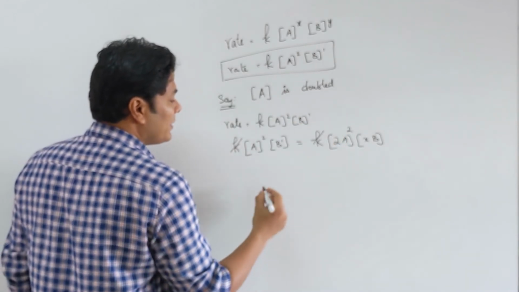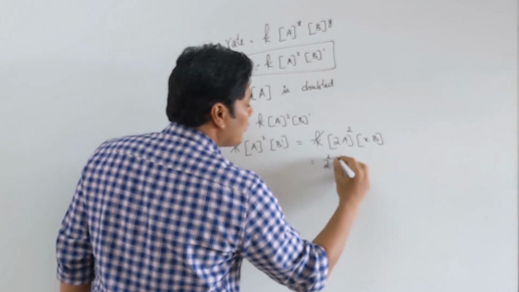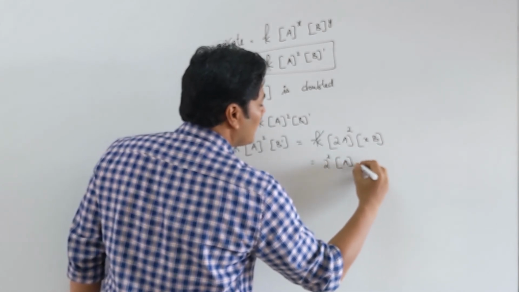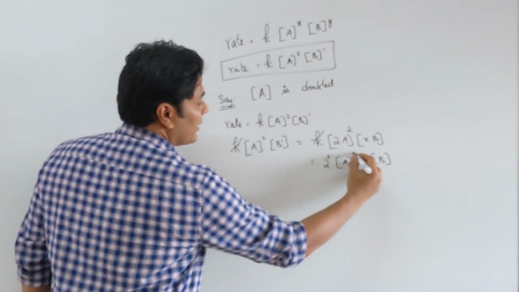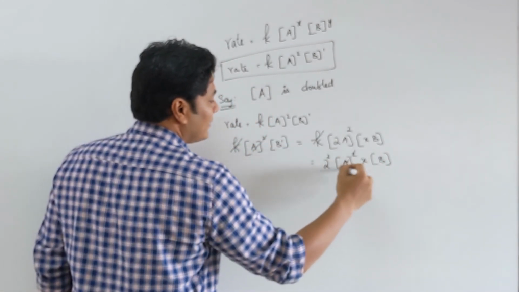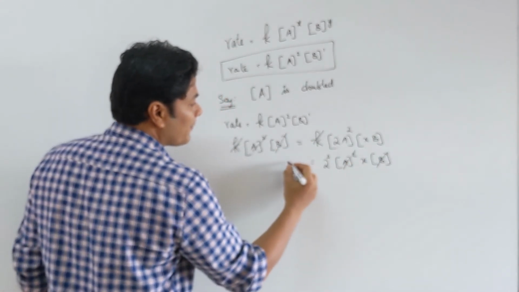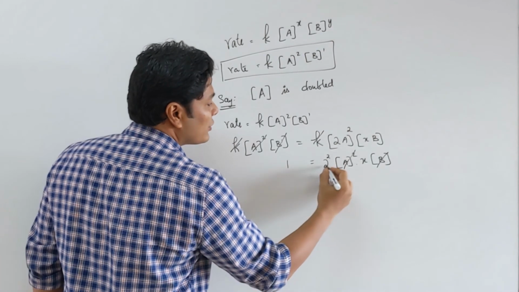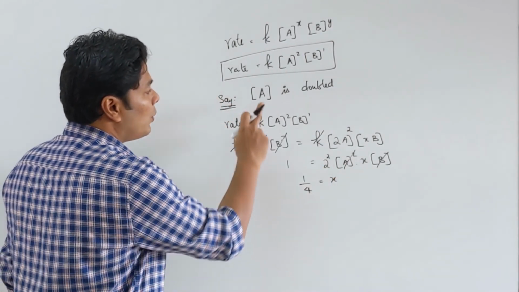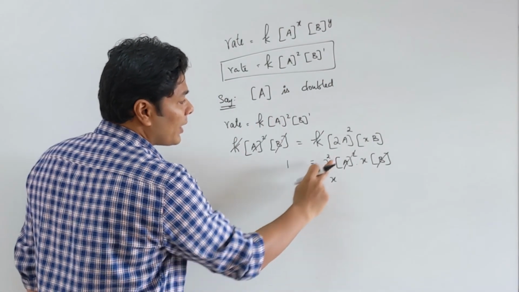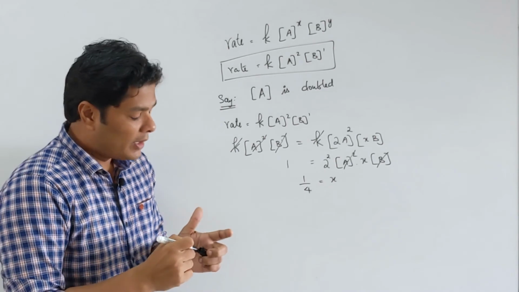So now I can rearrange this side, 2 to the power 2 times a squared times x b. So a squared is cancelled, b is cancelled. So 1 equals 2 squared x, or x equals 1 by 4. So when you double the concentration of A, you have to decrease the concentration of B by 4 times to compensate for it. You can do the other way around.